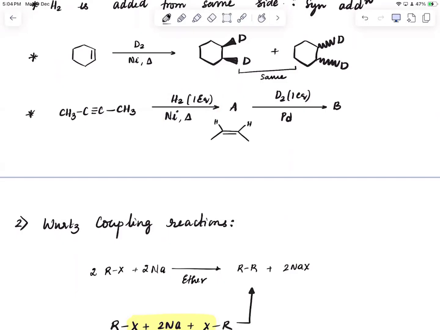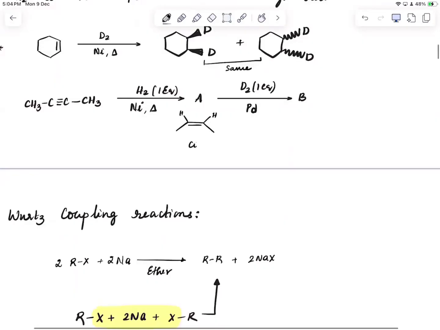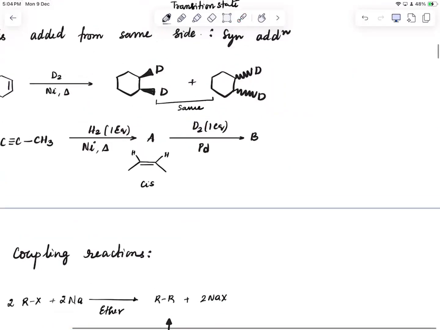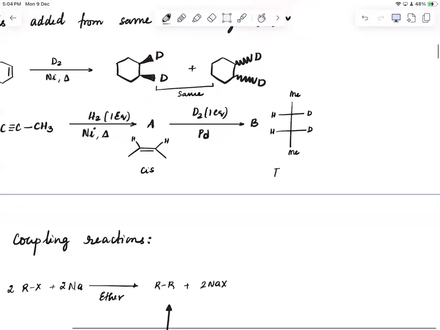This is the first product formed, and this is a cis molecule. And on a cis molecule, if you add deuterium here, it will give us this product: deuteriums on the same side, hydrogens on the same side, methyl up and down. This is a Fischer representation. Clear?